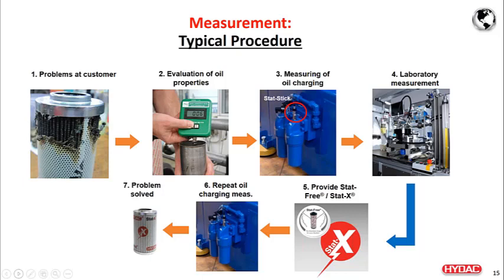Usually it's better to do that testing on site so that we are doing the measurement in real-life conditions and with real parameters. Once we know the charge generation and once we employ the right technology, we do the charge measurement again, making sure the technology works as intended and the customer's problem gets resolved.